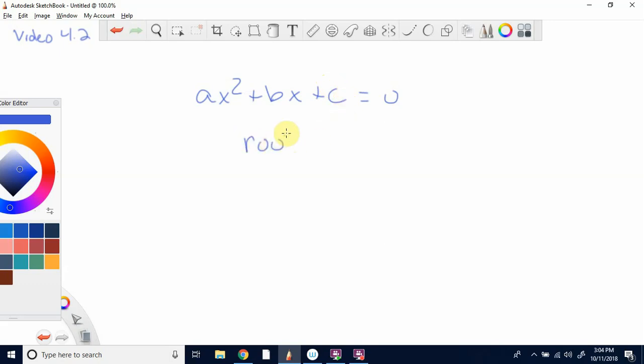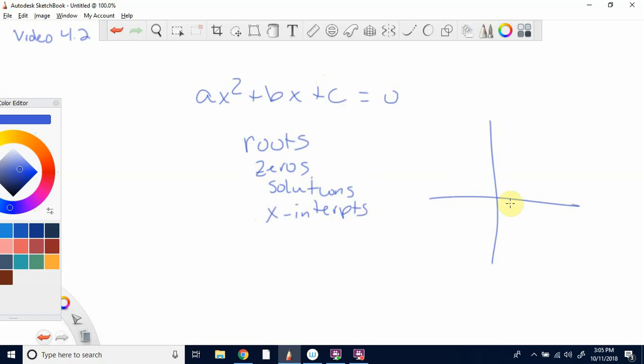So if you see the word roots, zeros, solutions, or x-intercepts, then what we're asking you to do is find where the quadratic equation crosses the graph at these points. I'm not going to ask you specifically the difference between them because basically they're the same thing. The only difference is that the x-intercept is a coordinate, so it's going to be x comma 0.